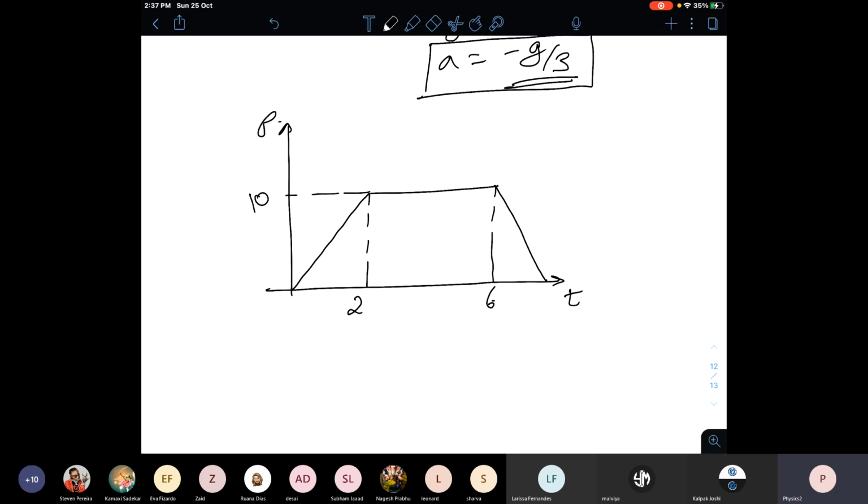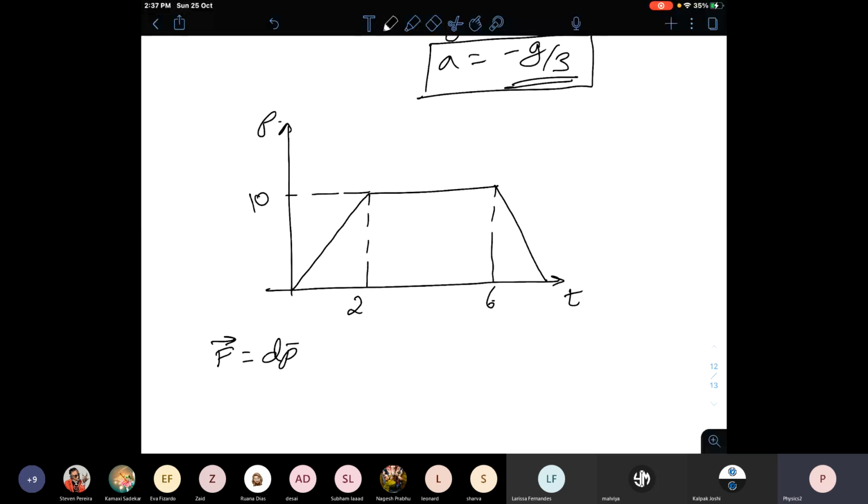Now 15th question. If the momentum P of an object varies as shown in the figure, the corresponding force at t equal to 1 second is. Okay, they want the force at t equal to 1 second. So first of all, if you want force, you have to go to the basic definition of force.